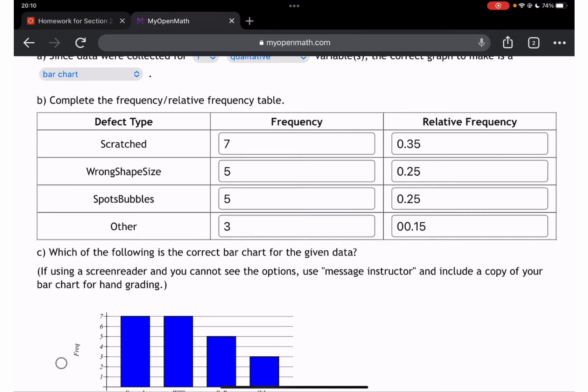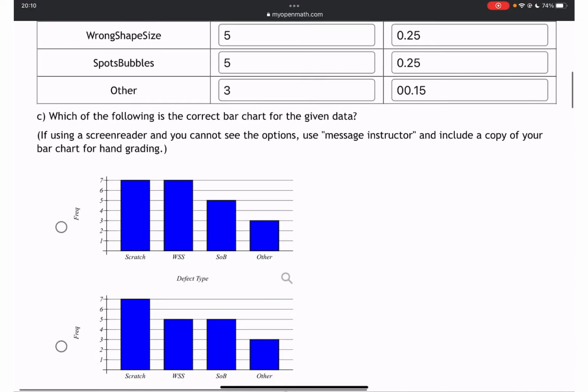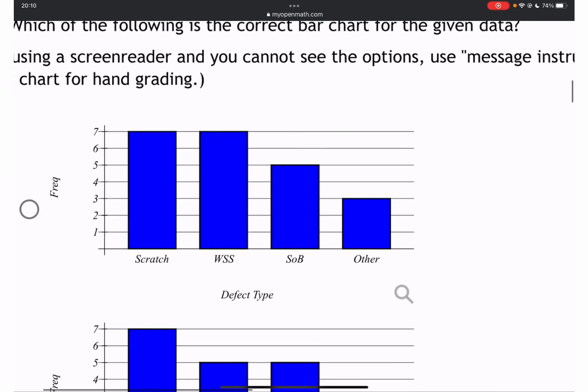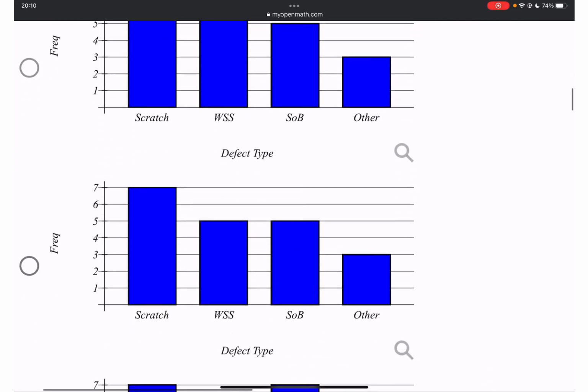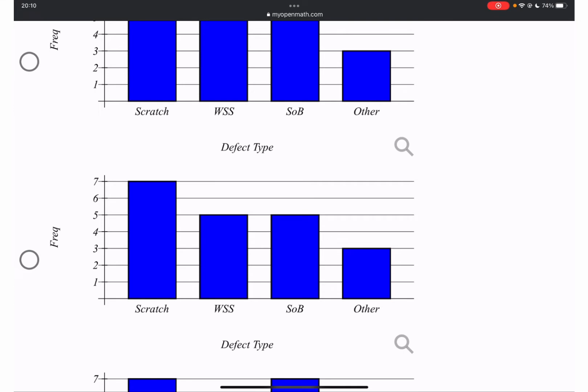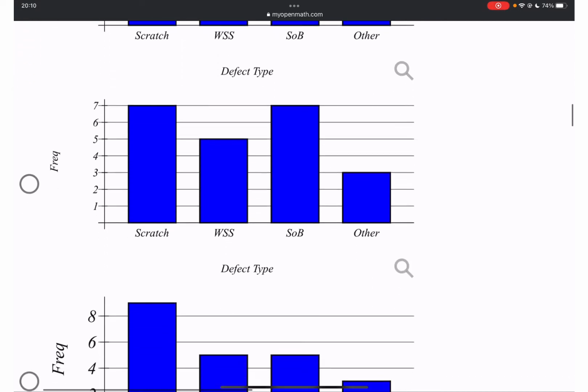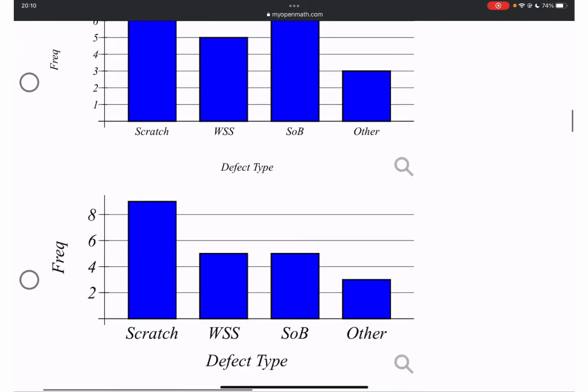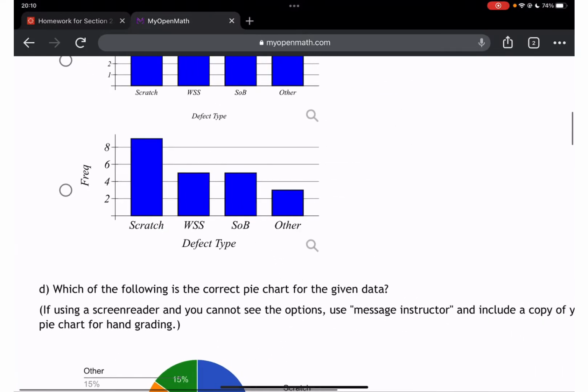So the bar chart should show 7, 5, 5, 3. Let's see. Here are 7, 7. This is not it. Here, these 2, 5, 5, and 3. Bingo. I found this one.